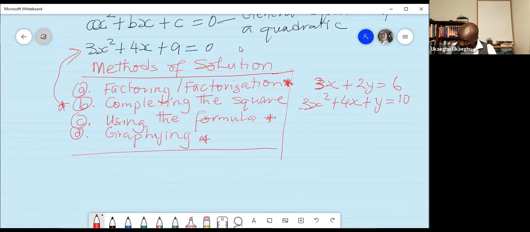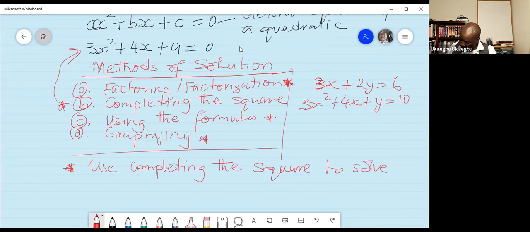All right. So the question usually goes this way. Use completing the square to solve the equation 3x squared plus 4x plus 9, you said, equal to 0.